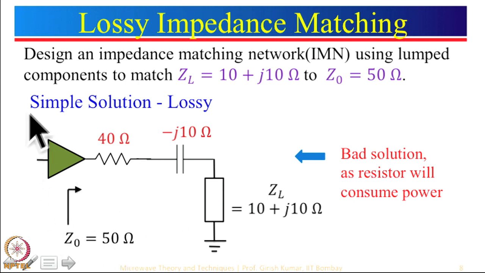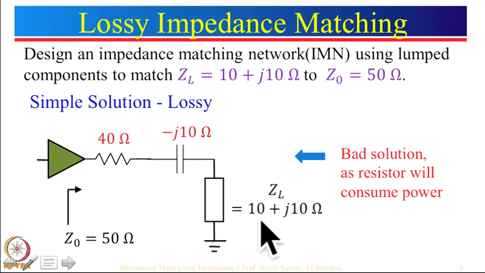Let us say this is the amplifier, and that amplifier has an output impedance of 50 ohm. For maximum transfer to the load, it will be better that the load impedance is equal to 50 ohm. But the load impedance is not 50 ohm, and we would prefer that the impedance looking from here should be 50 ohm.